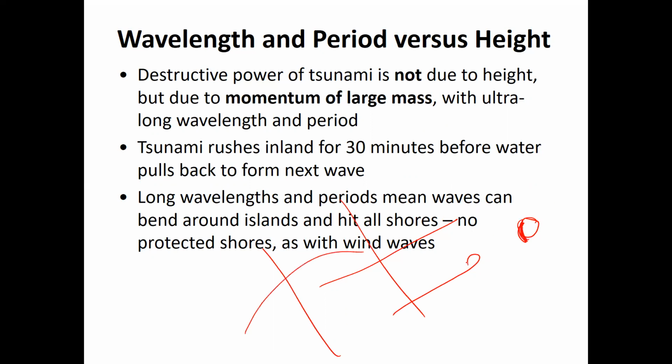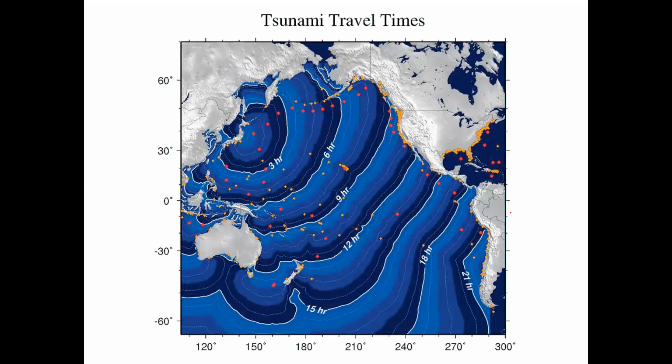Because of the long wavelength, the water rises in all directions inland as the crest of the wave travels through, so the whole coastline of an island will be affected.